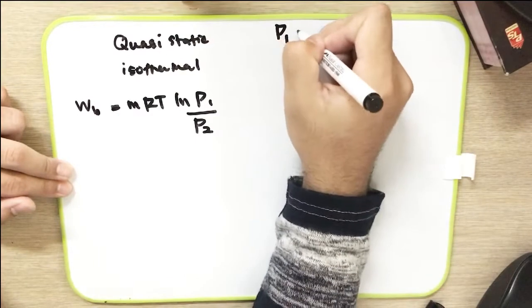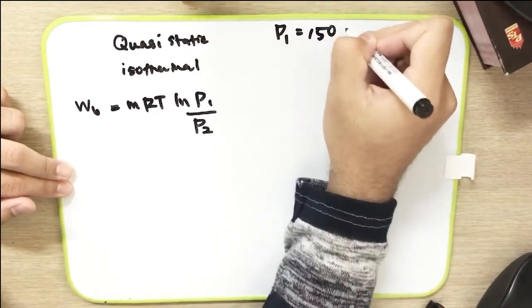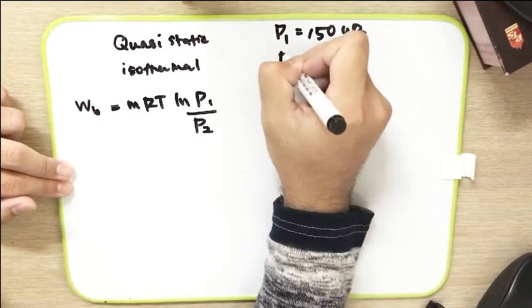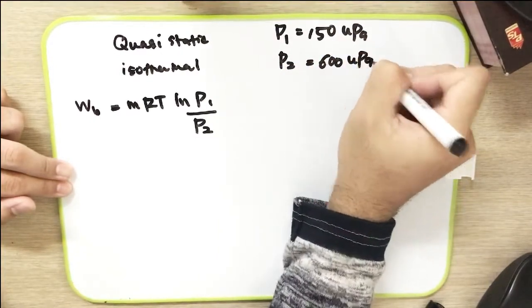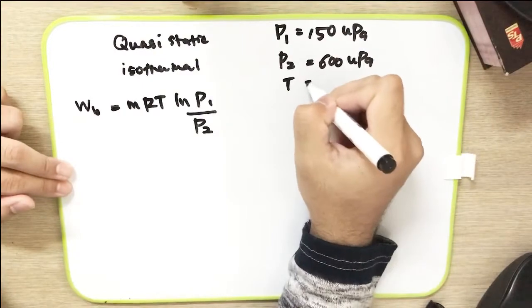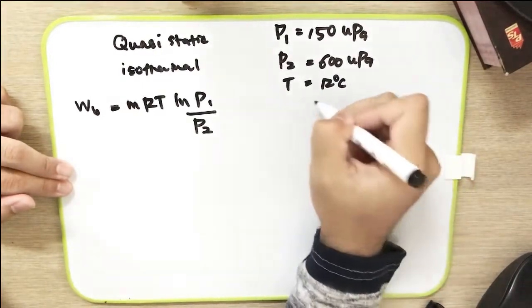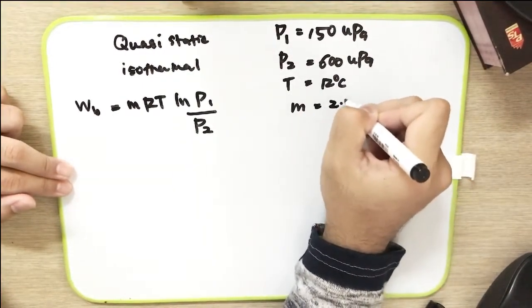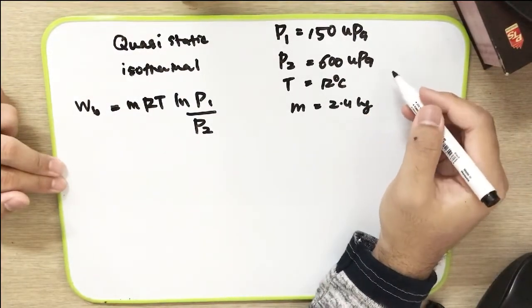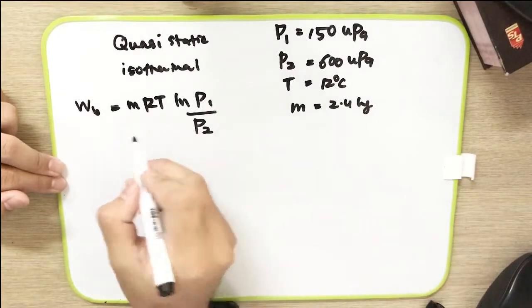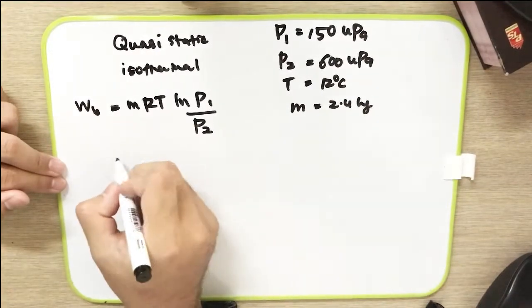So P1 given is 150 kilopascal, the P2 is 600 kilopascal. The temperature is 12 degrees C and the mass is 2.4 kg. So all the values are given, so we can just straight away calculate the boundary work here.